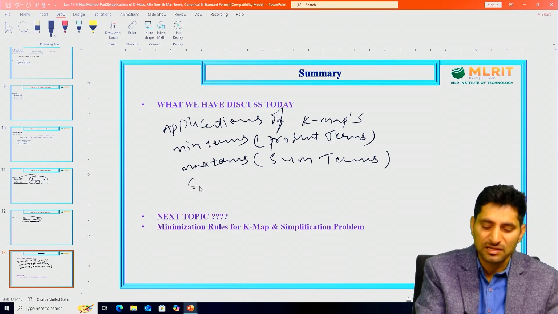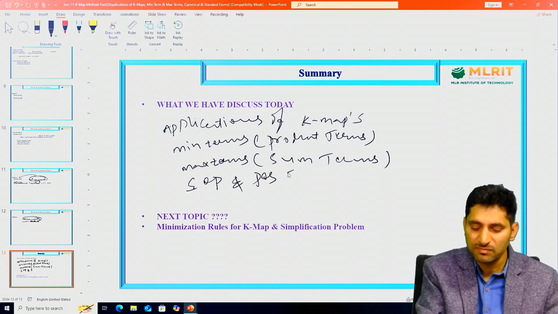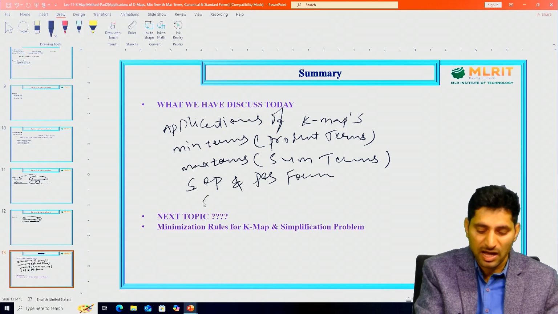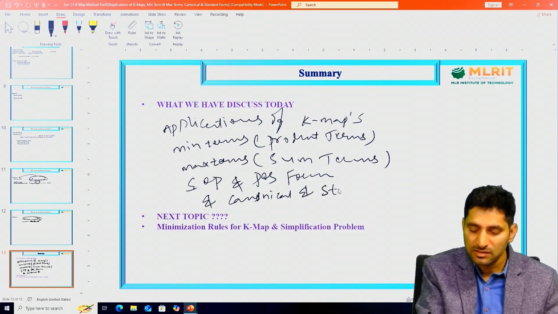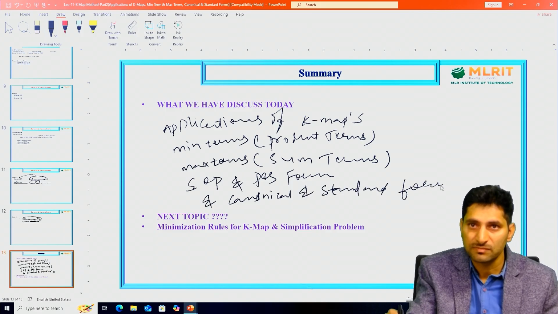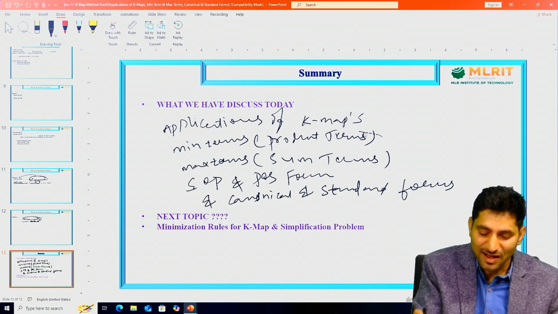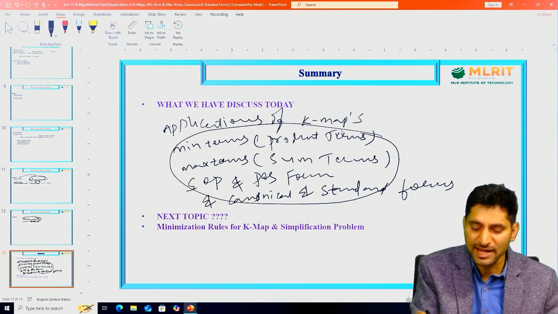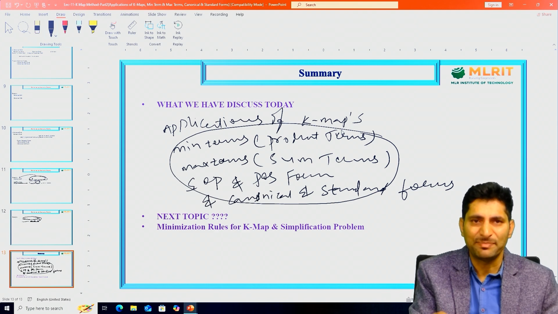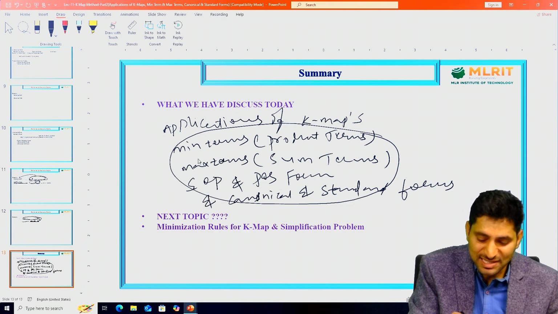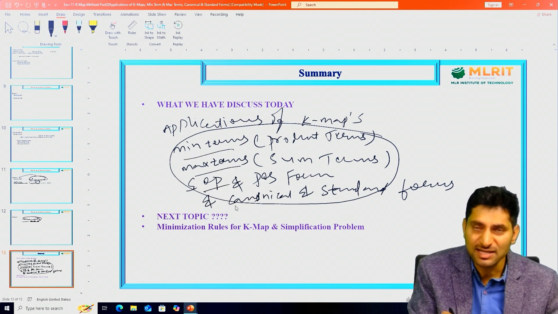Along with this, SOP and POS forms, and canonical and standard forms we have discussed, right? These terminologies are very essential while simplifying K-maps.